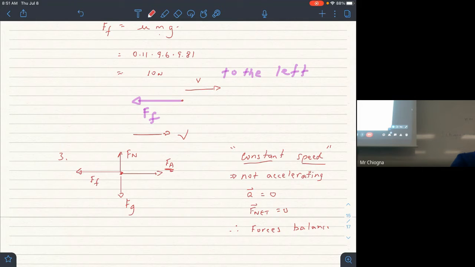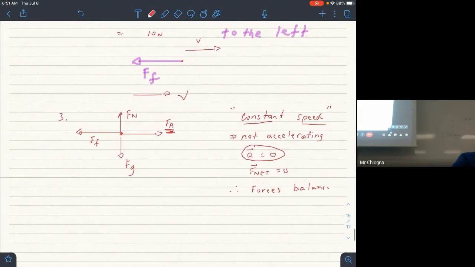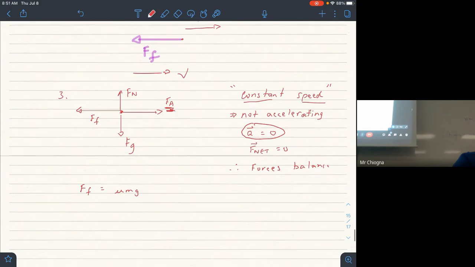If they didn't balance, let's say FA was bigger, then A would no longer be 0, be some positive value. So friction is equal to mu mg.